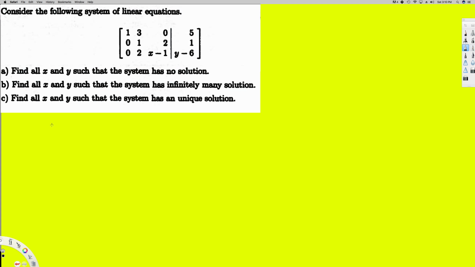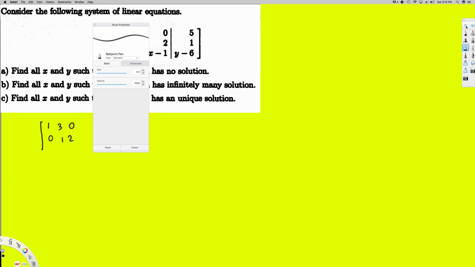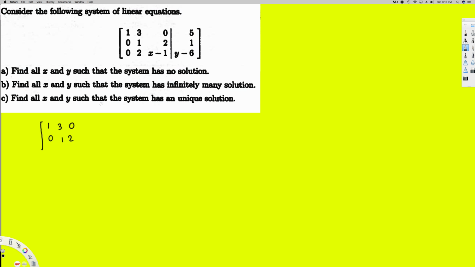So let's see what I can do. First of all, I'm bringing the matrix right here. So 1 3 0, 0 1 2. Then here we have 0 2 x minus 1.